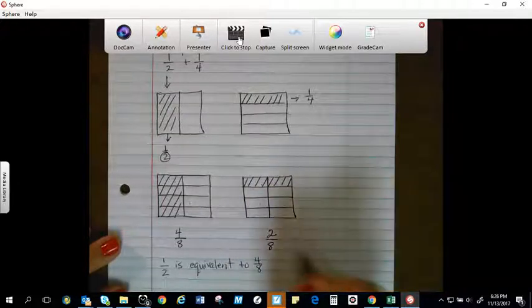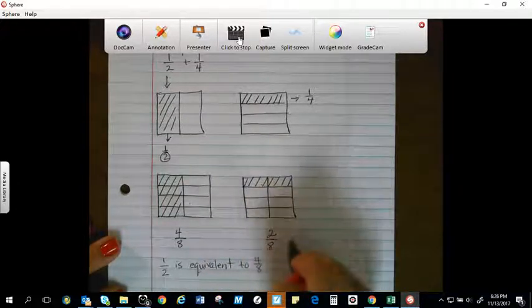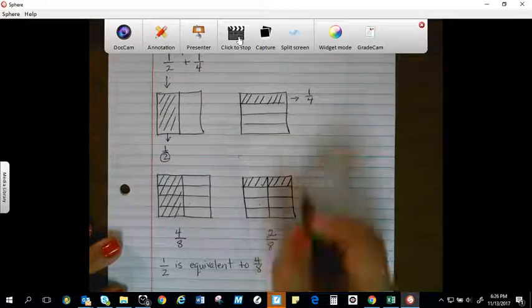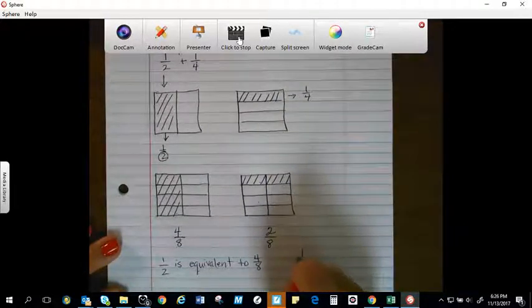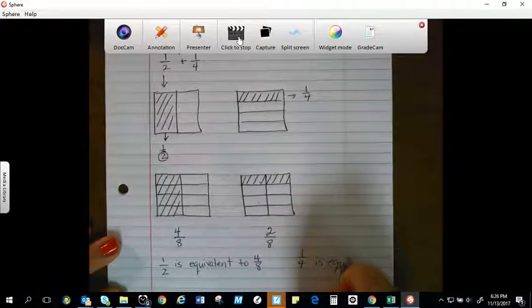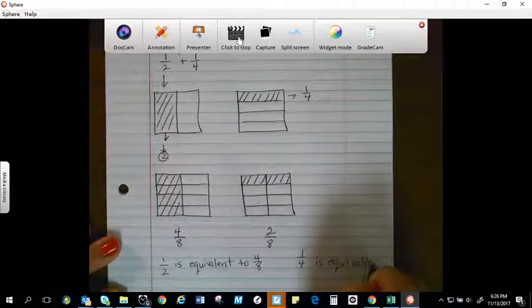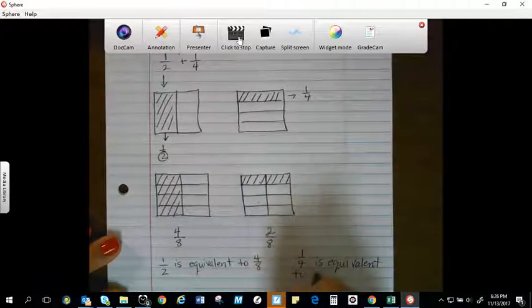Now I can add these together. So here, this one, my 1/4, is now equivalent to 2/8.